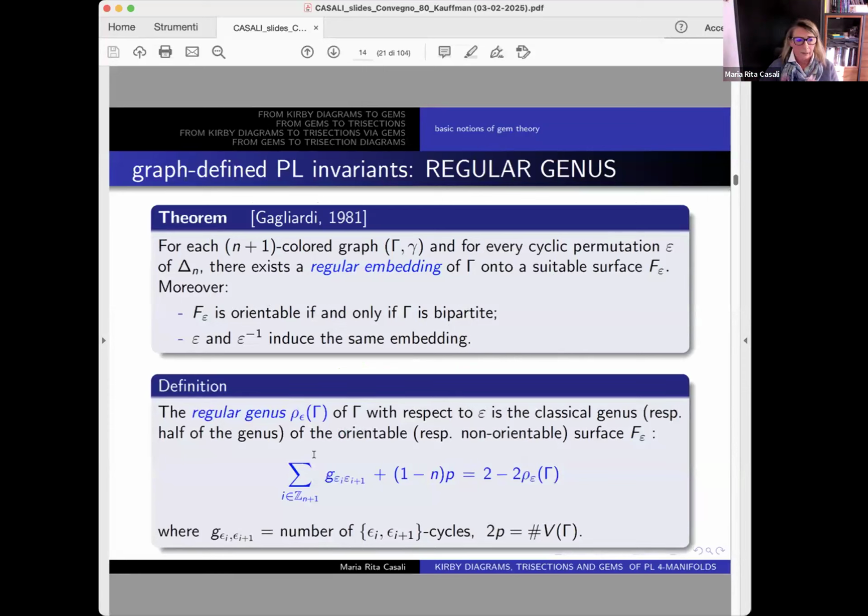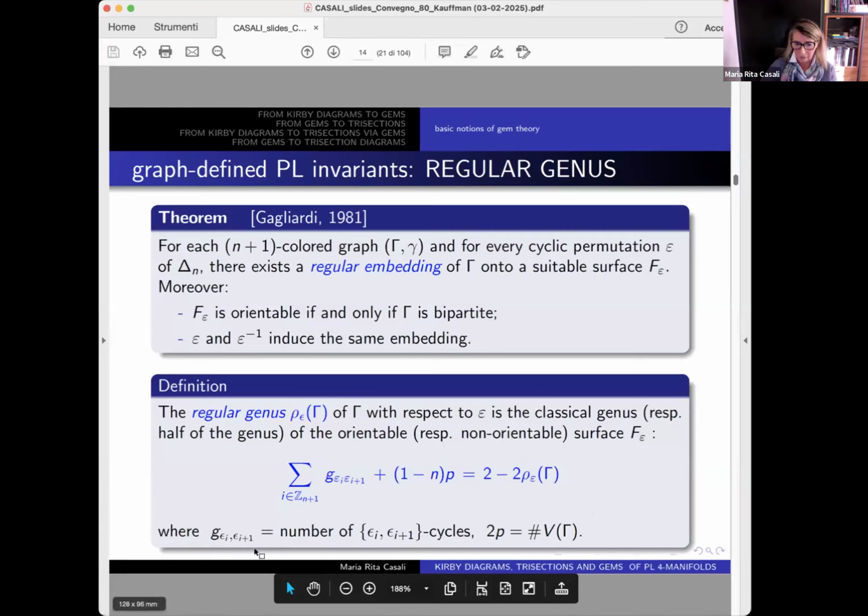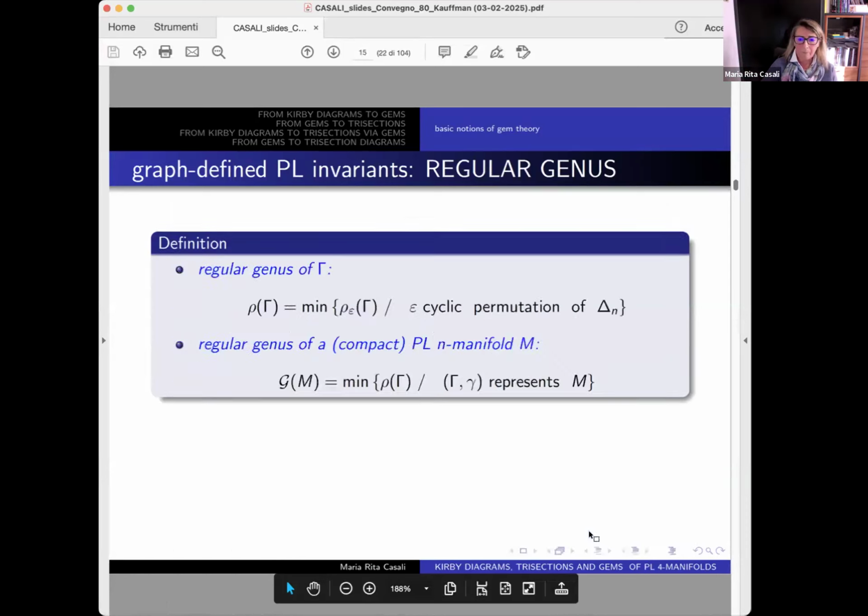And since an embedding defines a cellular decomposition of the surface, we can easily compute its Euler characteristic and hence its genus by means of a combinatorial formula, where this symbol denotes the number of cycles colored by consecutive colors, in position i and i+1, while p is half the order of the graph.